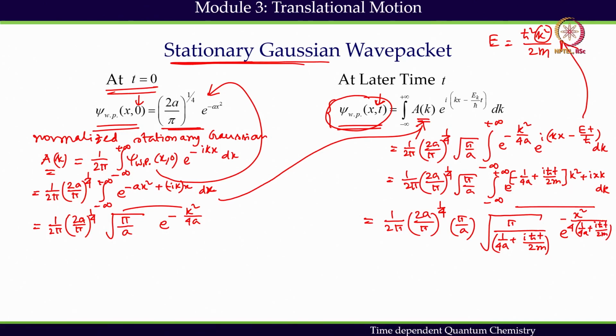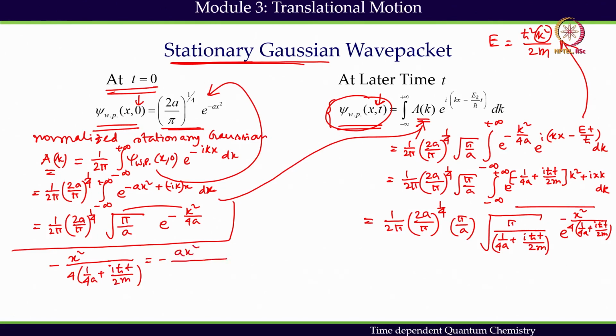So this part, minus x square by 4 into 1 by 4a plus i h cut t by 2m, this can be written as a x square divided by 1 plus 2i h cut t a by m.